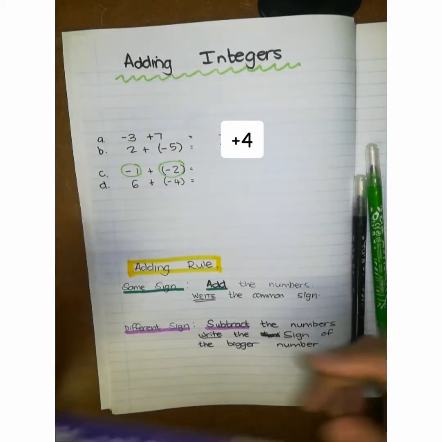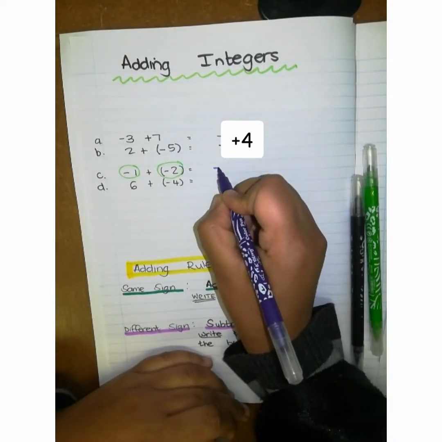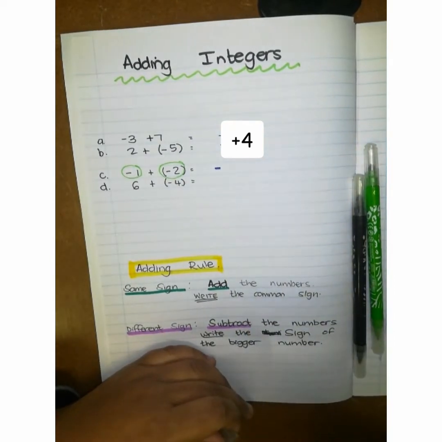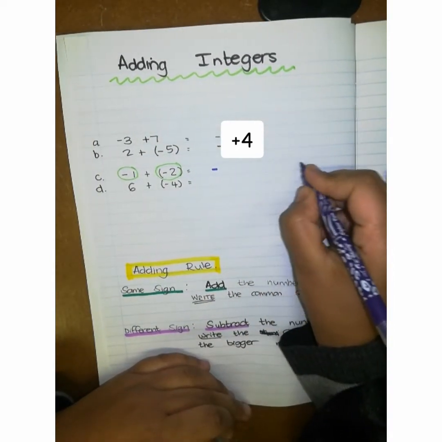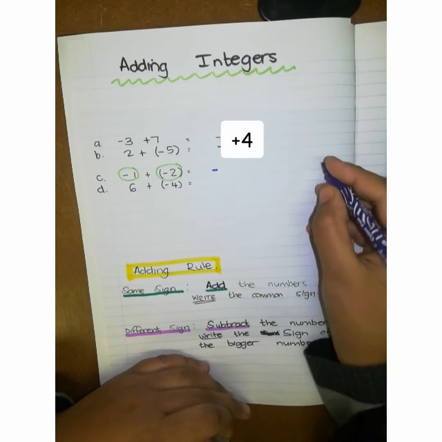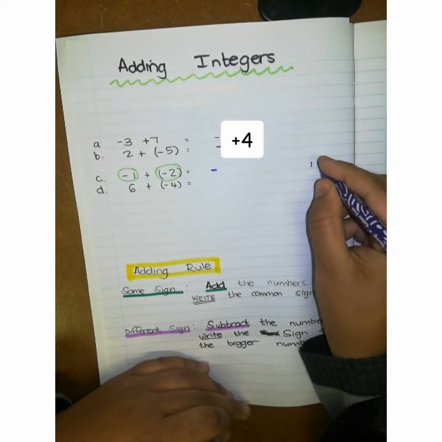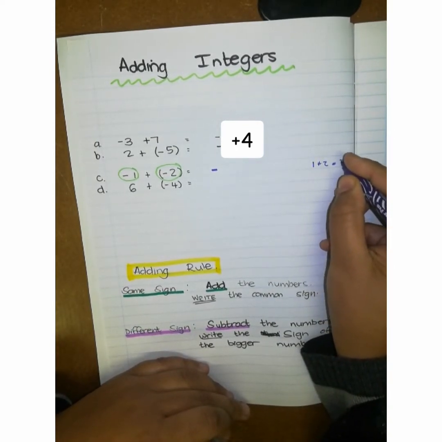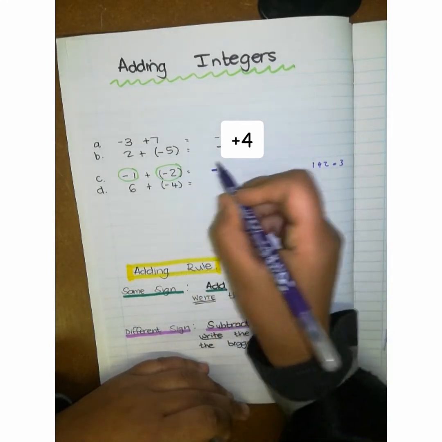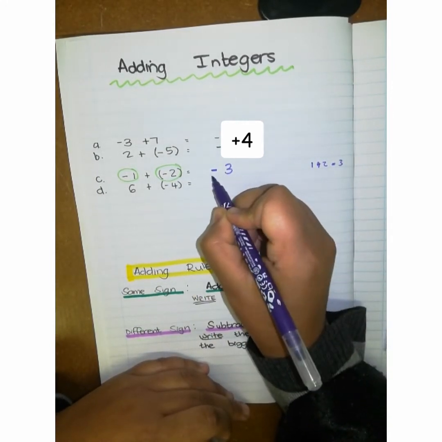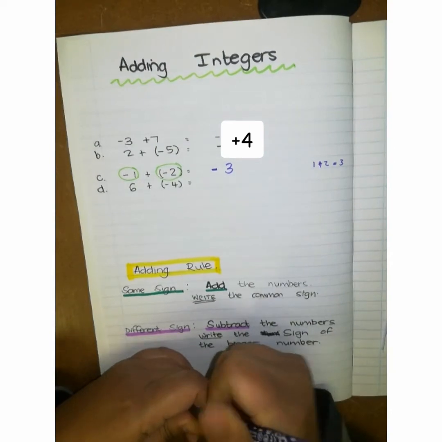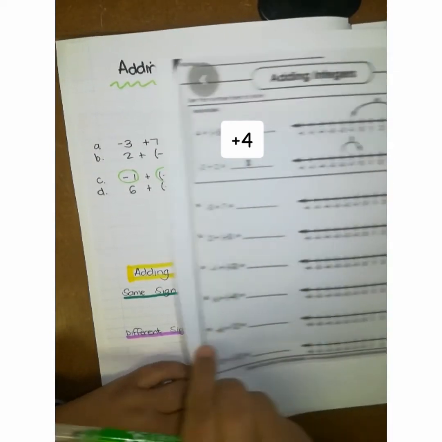And what's the common sign here? Minus. And what do I do with the two numbers? I now add the numbers. So in my working out section, I get 1 plus 2, which equals 3. I write that number down. It's minus 3.